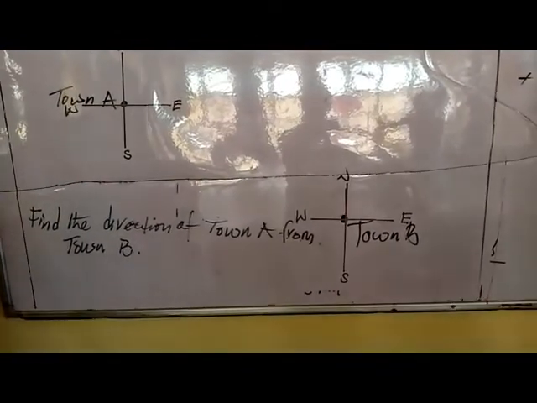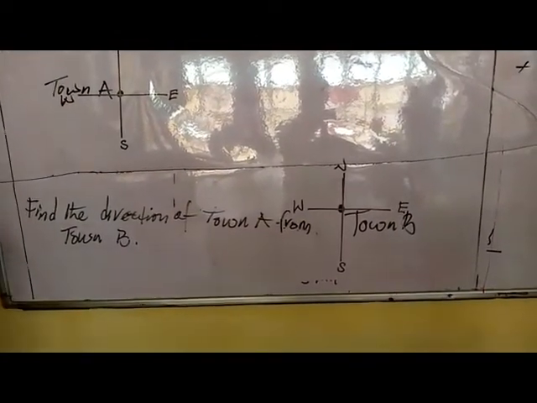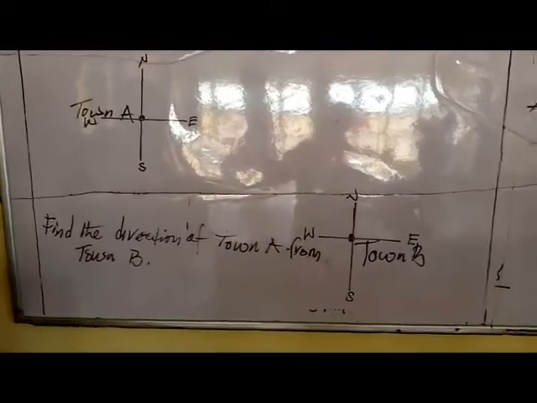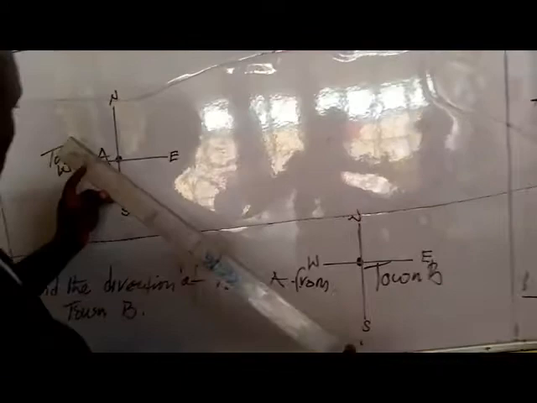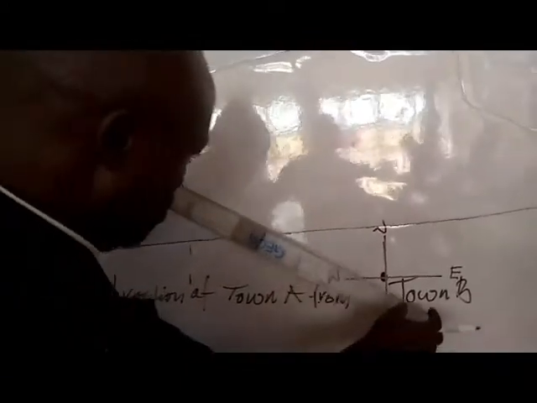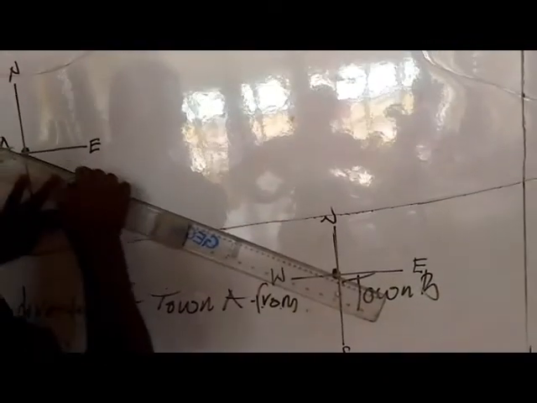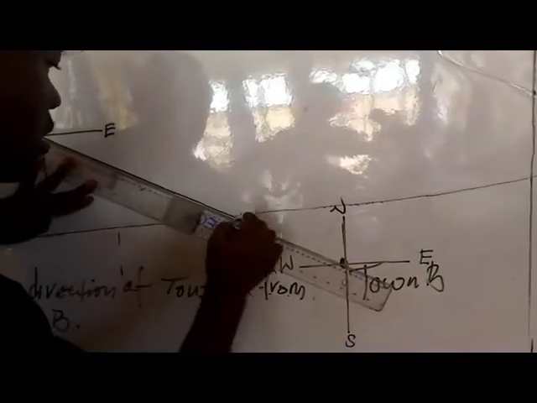The next thing is to do what? You will join the two towns together from the center. You come here, it will give you a meeting point where town A and B intersect together, just like this.